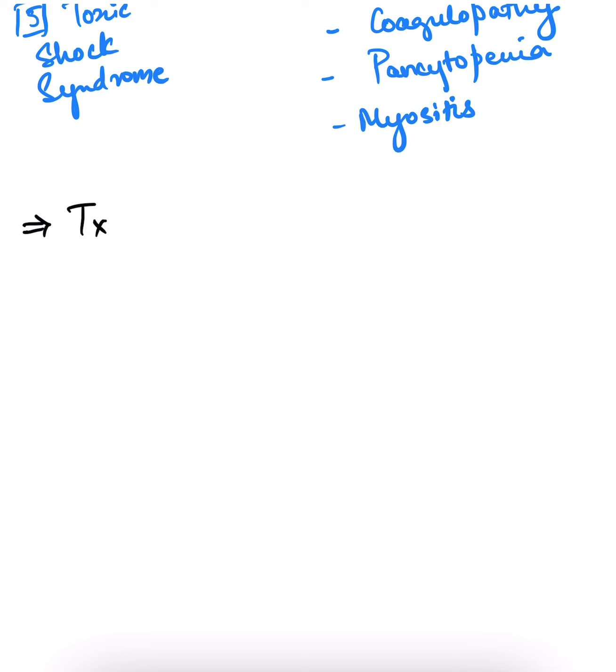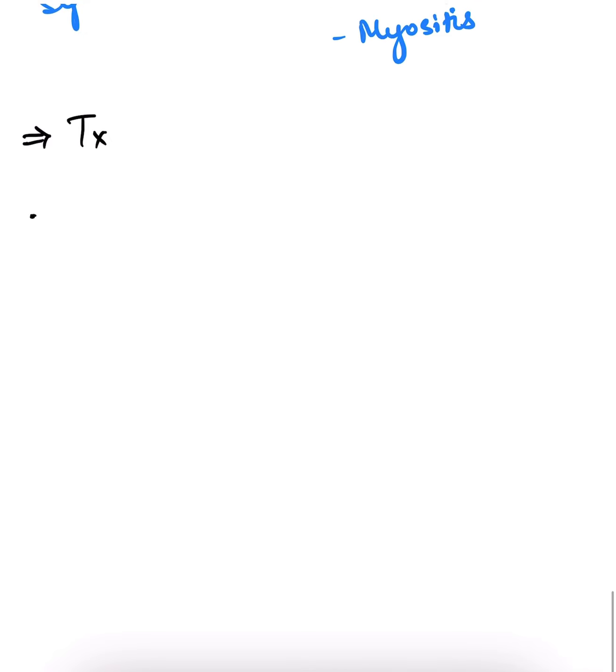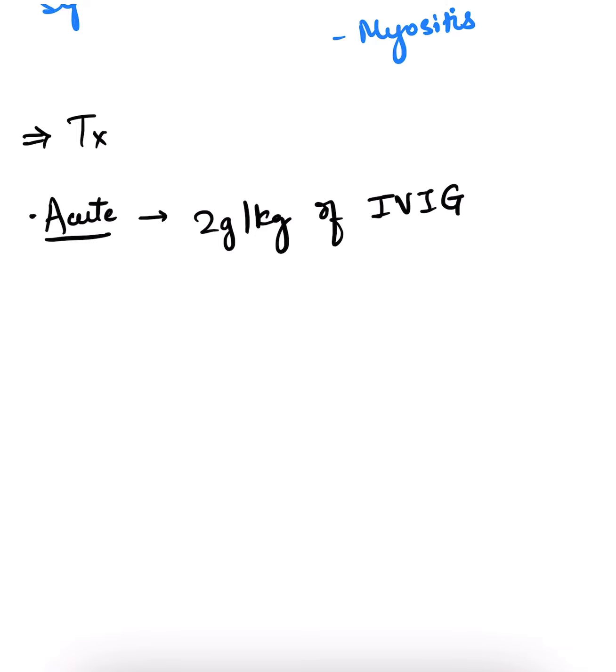Moving to the next, about the treatment. So for treatment of Kawasaki disease, let's talk first about the acute phase. So in acute phase, 2 gram per kg of IVIG is given to the patient. So there is the single infusion of IVIG.